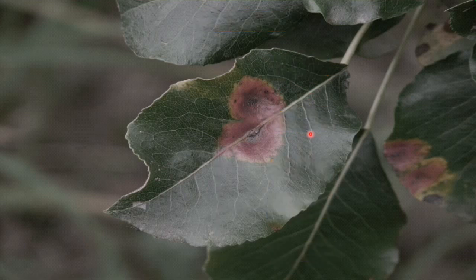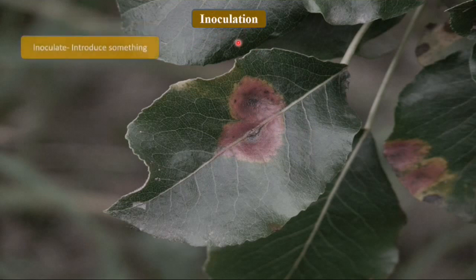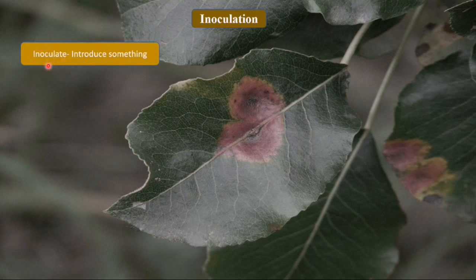right? So we start with our first stage of disease cycle, which is inoculation. Inoculation comes from the term inoculate, which means to introduce something, right? So the word inoculation we also use when some vaccine is being introduced into the human body.